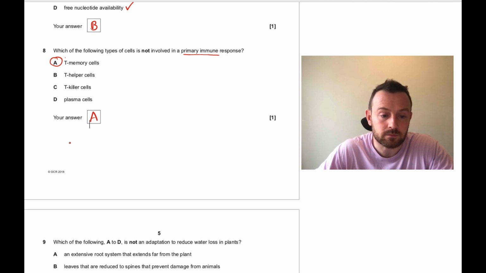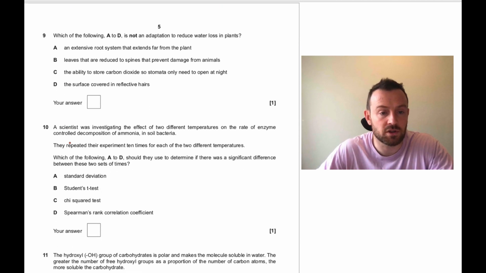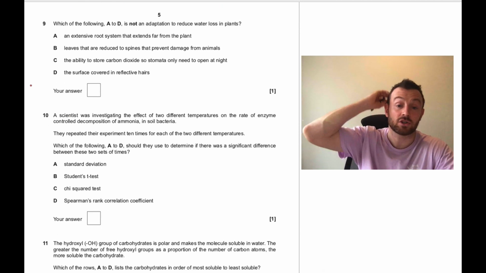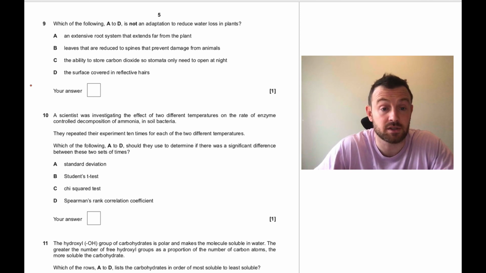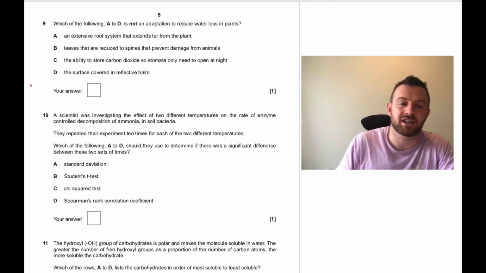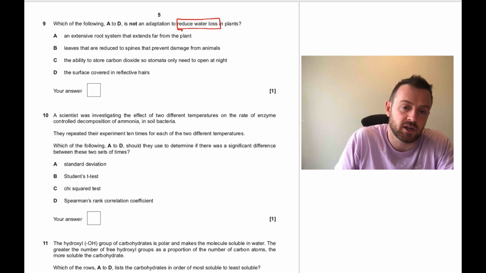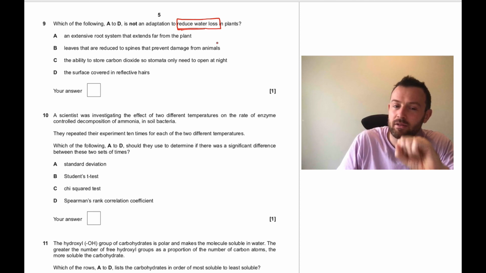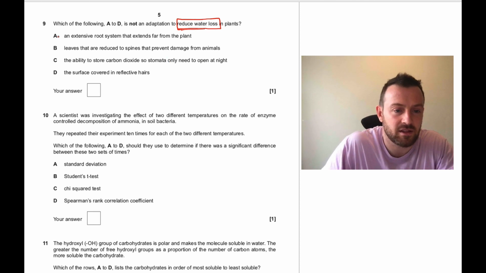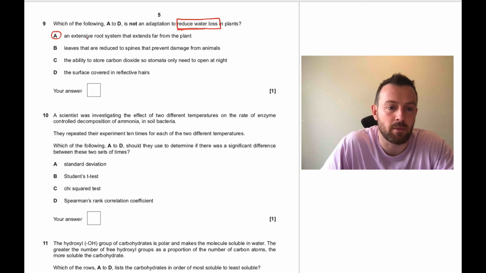9. Which of the following A to D is not an adaptation to reduce water loss in plants? To reduce water loss, I think that's the key thing. So don't get tricked into thinking, oh, this is good for water, it's going to help the plant. No, it's about the loss of water. So this, I think, is A, straight away, because A is not about water loss, it's about getting extra water.